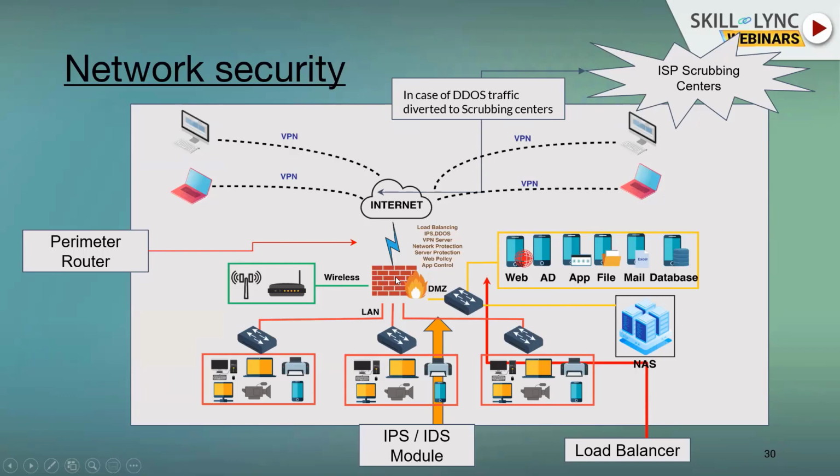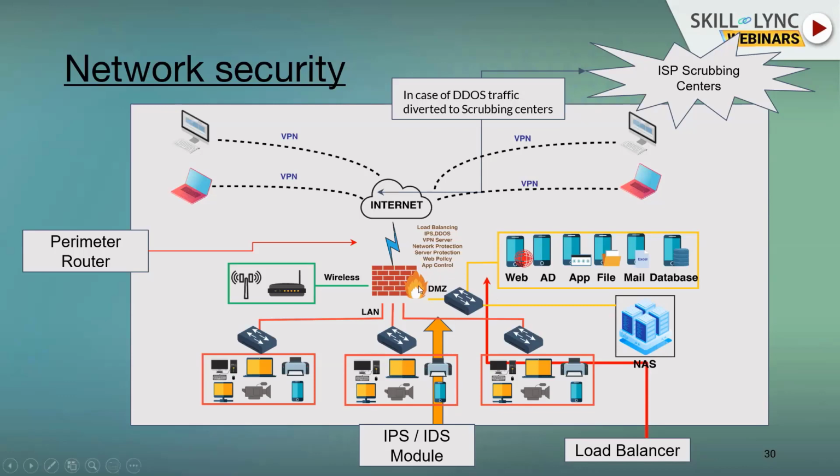The firewall would check the access control list, asking whether the source address, destination address, and the port numbers are all matching. And once it is cleared by the firewall, it goes to your IPS or IDS module. The firewall would check your traffic from layer 1 to layer 4 in the OSI model.